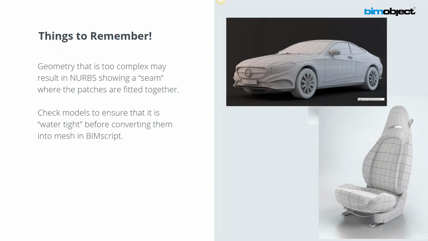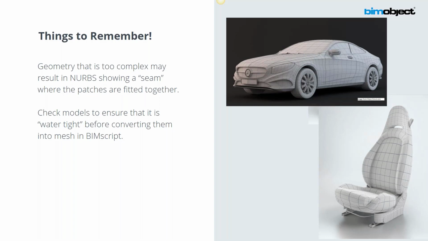When it's trying to stitch these NURB patches together and it reaches an area with a very complex curve, it doesn't meet the edges very well, and you're going to see a seam where they're fitted together. So even though it's done mathematically and they try to smooth out the surfaces as much as possible, you can sometimes get geometry where it doesn't play nice. So you're going to get the seam.